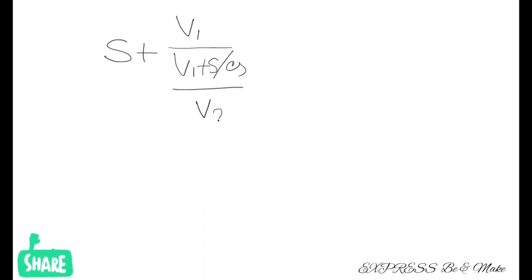And before discussing the examples, I will sum up the three rules together. If a sentence structure is like this, subject plus V1, or subject plus V1 plus S or ES, subject plus V2 plus object.